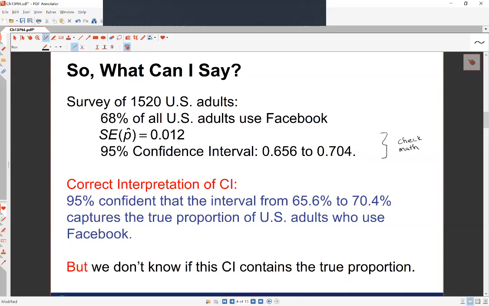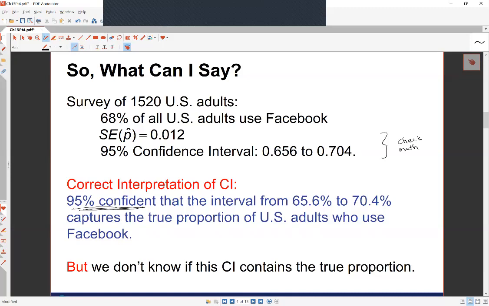So the correct way to interpret that interval is therefore to say that we are 95% confident that this confidence interval captures the true proportion of US adults who use Facebook. Does that mean that we definitely know between 65.6 and 70.4% of US adults use Facebook?